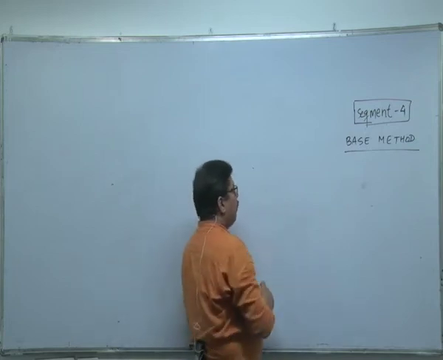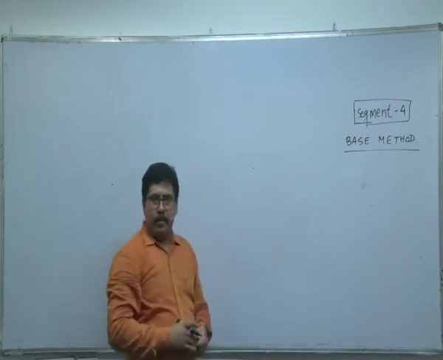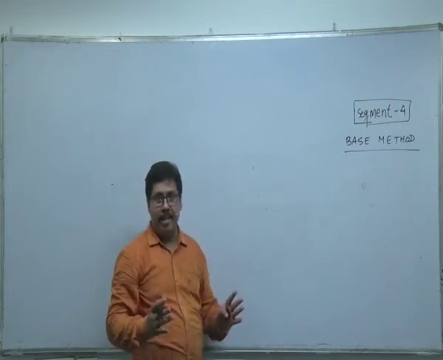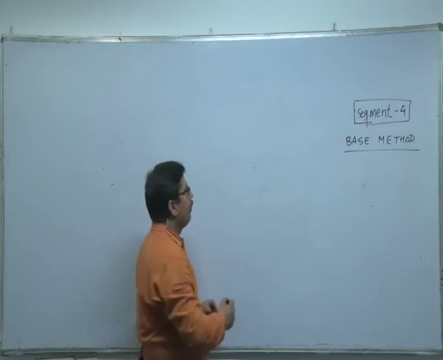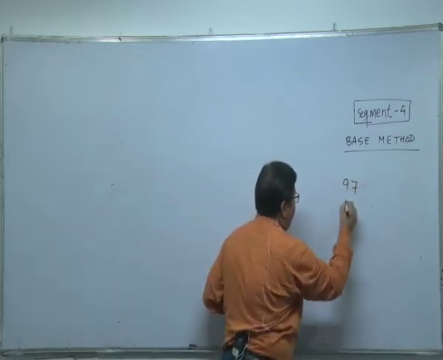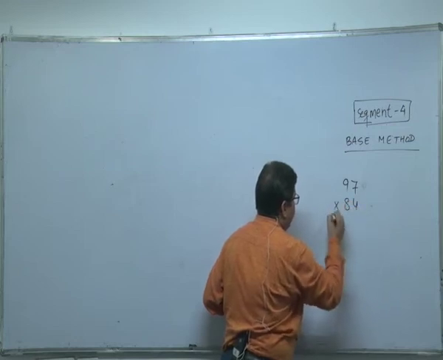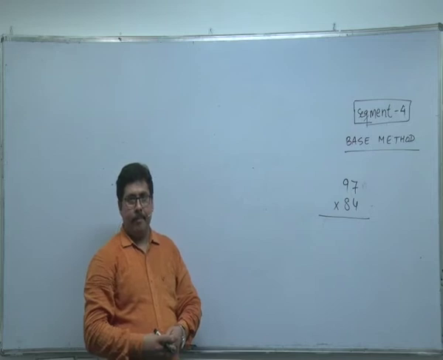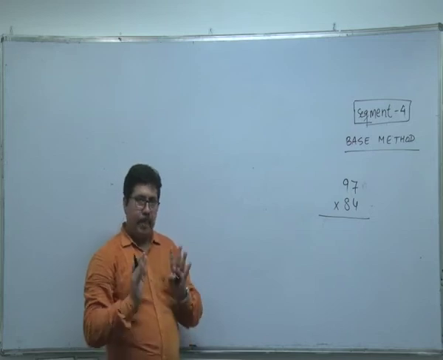Let us consider a pair of numbers which are near about 100. Let us consider 97 and 84. Can I say both the numbers are near about 100? Step number 1.